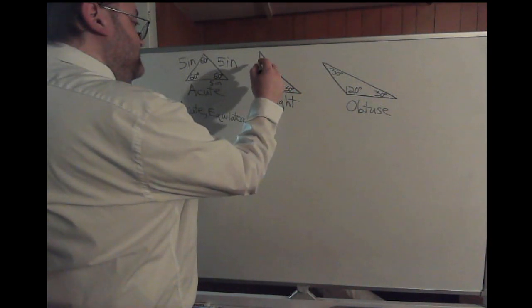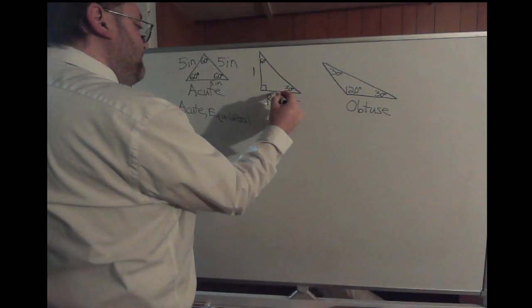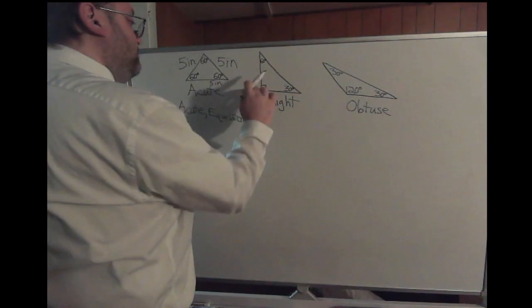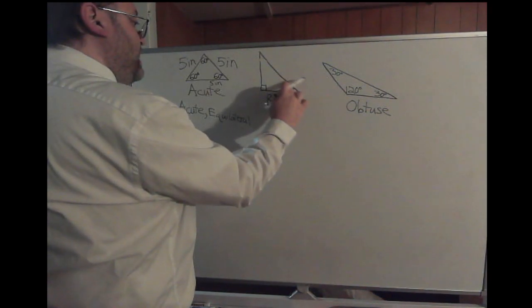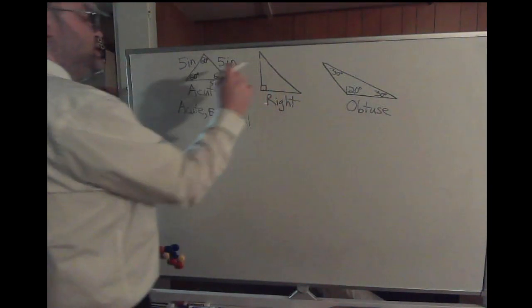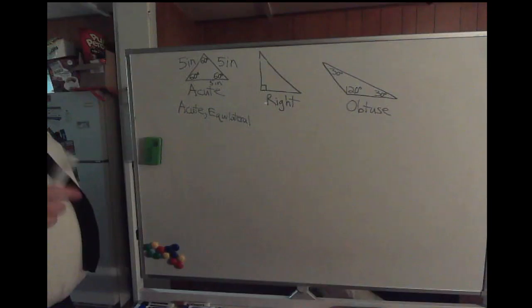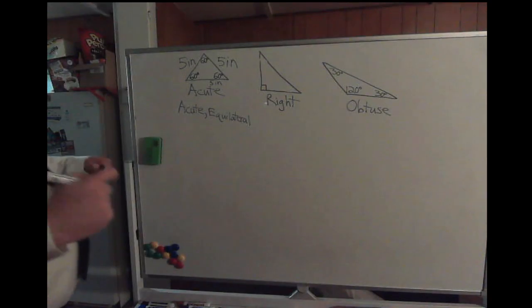A right triangle, let's say this side is, we'll say 1. We'll just say we have a right triangle. I don't want to teach you wrong, because whenever you have a 30, 60, 90 triangle and a 45, 45, 90 triangle, there are special qualities about them. Let's just go with a general right triangle.